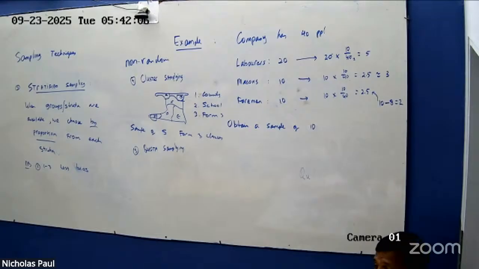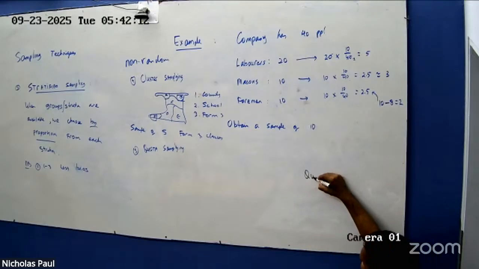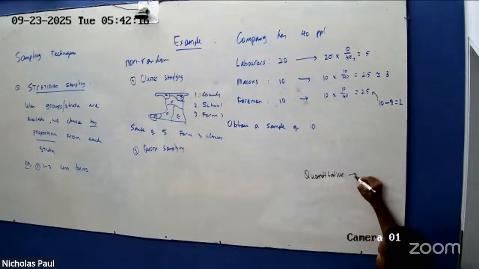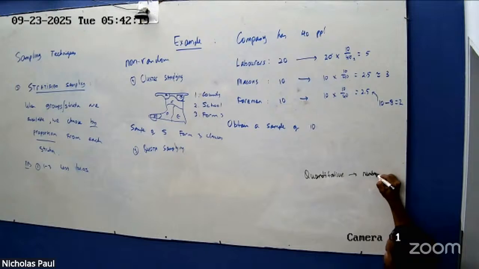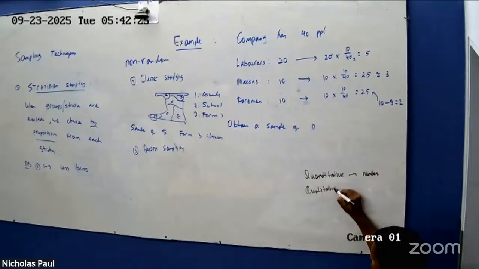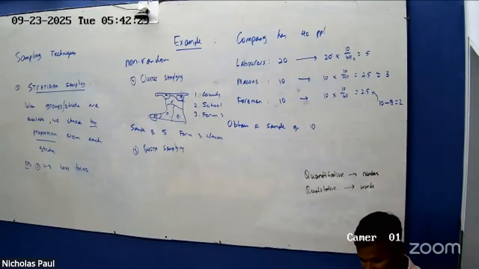Quality is words and quantity is numbers. Right? Because I forgot to talk about that. Quantitative is numbers like age and height and things. And the qualitative is words.